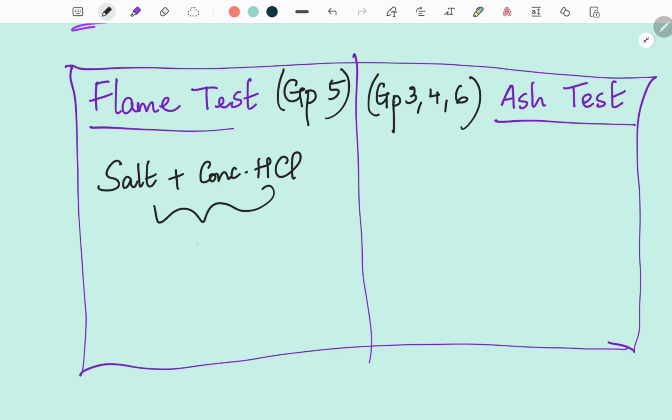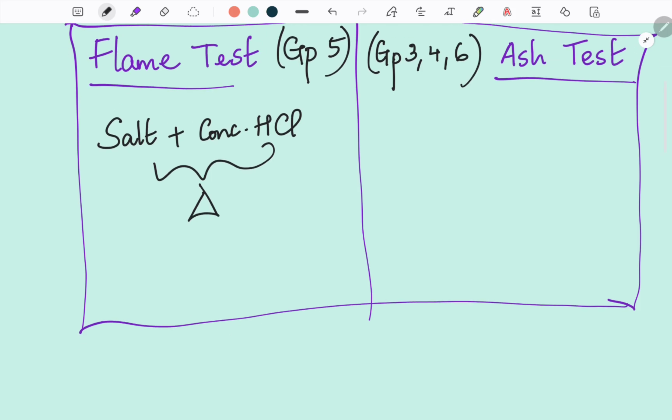So you have to show that to the flame. That means you have to heat that, and you will be able to see that the flame has a characteristic color imparted to it. So the salt would impart a particular color to the flame, and that will help us identify which ion is present.